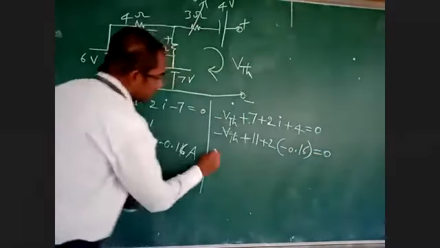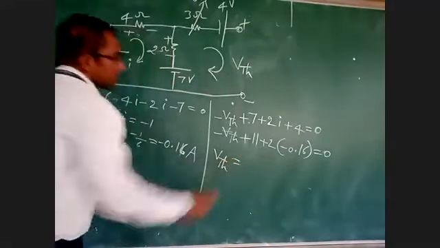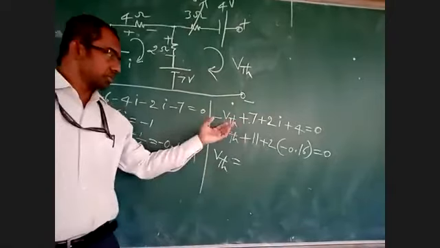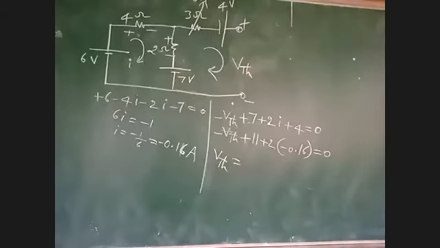Now tell me VTH. Why am I determining the current in 2 ohms? This is the reason, because if you want to determine VTH, it is 10.66.